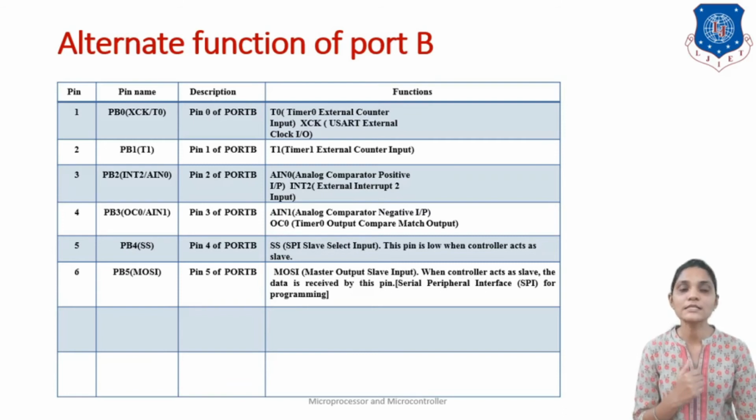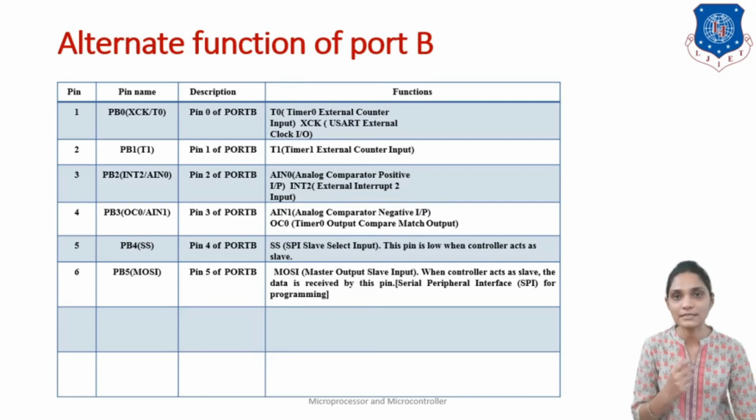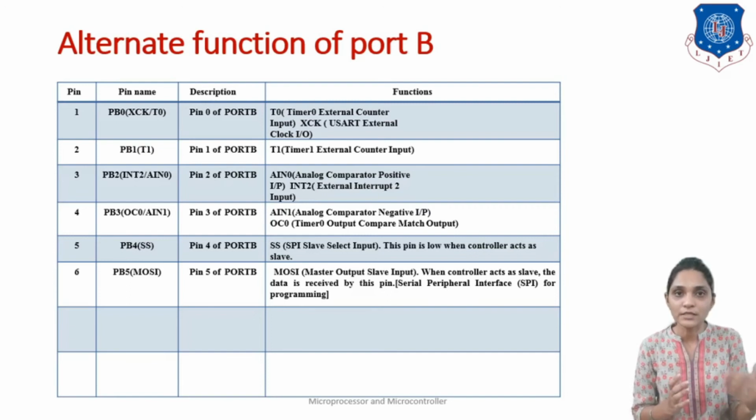When the controller acts as a slave, the data is received by this pin, and it is used for the configuration of master and slave. So both of these pins are used when you are connecting this controller with another controller, and you want to use this controller as a slave for that controller.